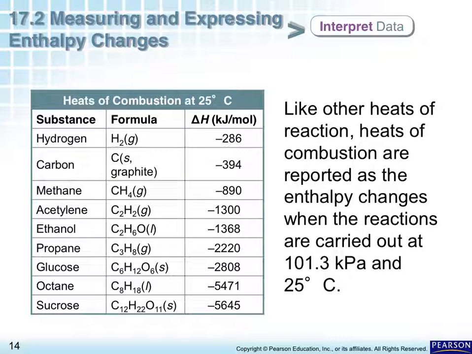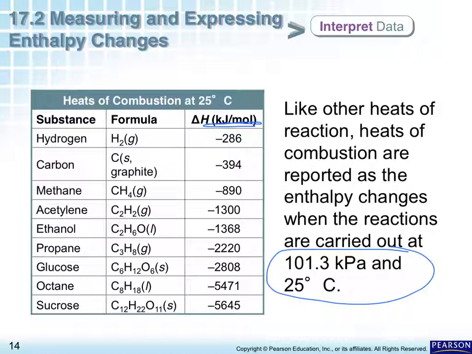So this is a table that shows the heat of combustion for some different substances. So it's a relative amount of the energy stored, because it's the amount of energy released. It is all carried out at standard conditions, and this is kilojoules per mole.